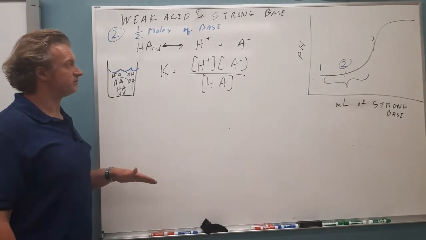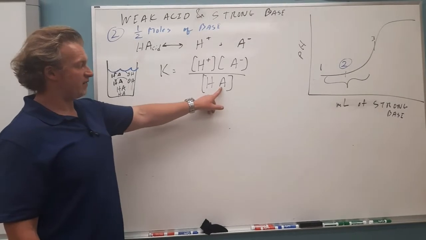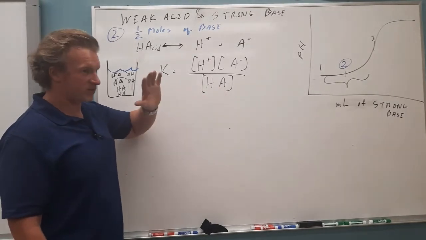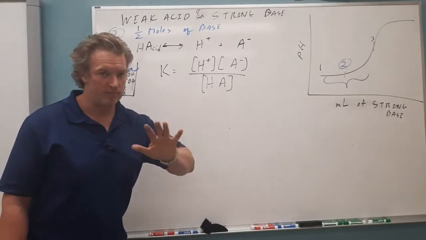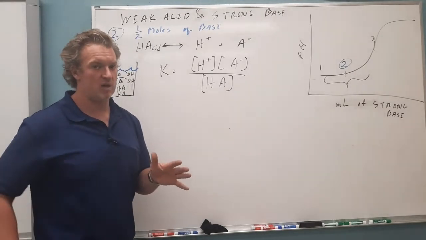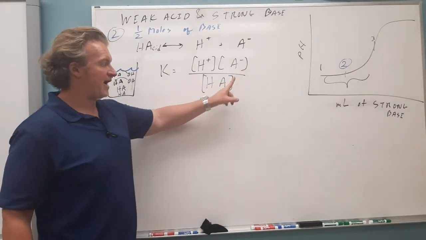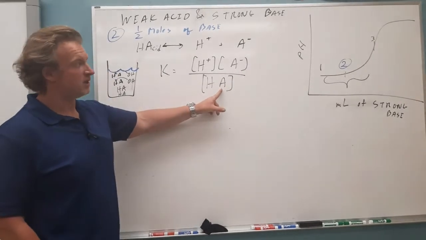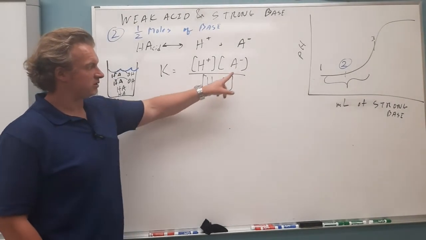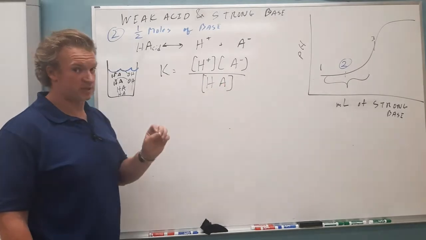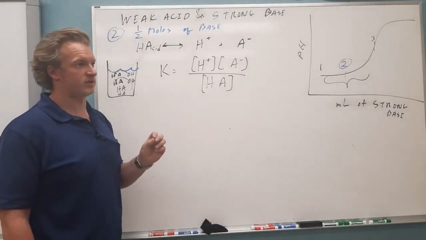Whatever the moles of acid you started with, half of it has reacted, half of it hasn't reacted. So these values here are going to be very similar, if not identical to each other.